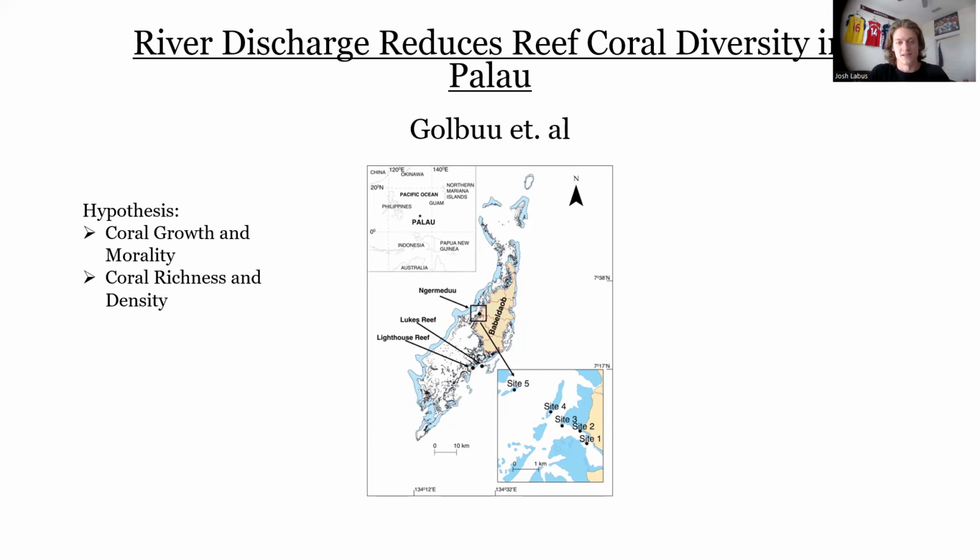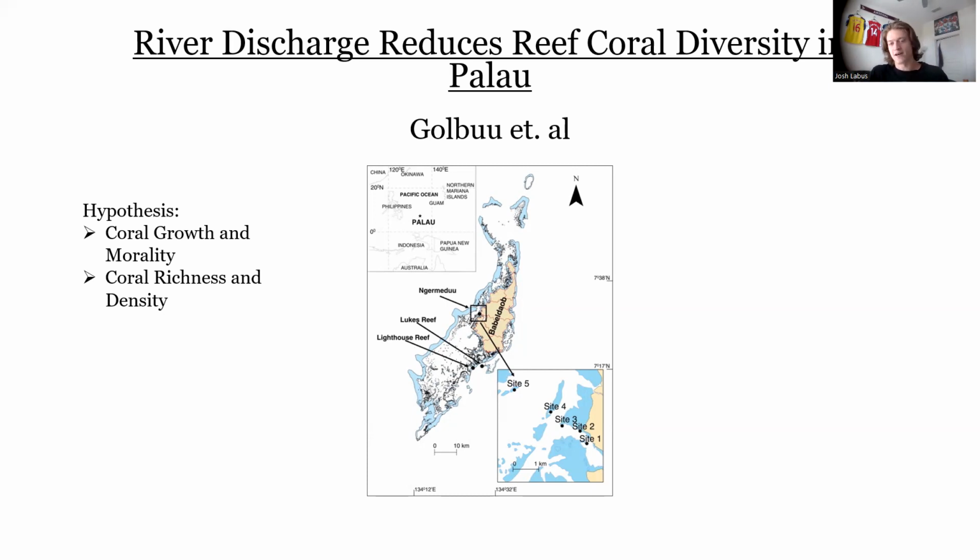Their hypothesis essentially was that river runoff of nutrients and sediment would create a decrease in coral growth and an increase in mortality of corals, and would also affect richness and density in a negative way.